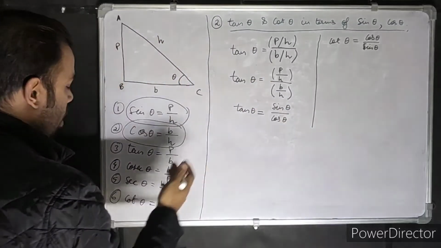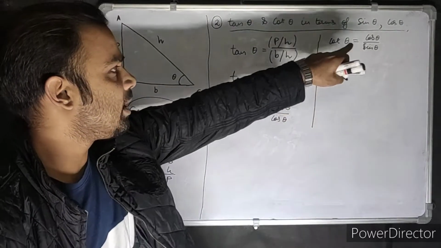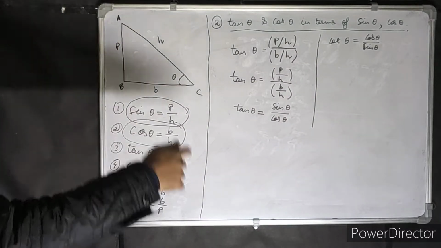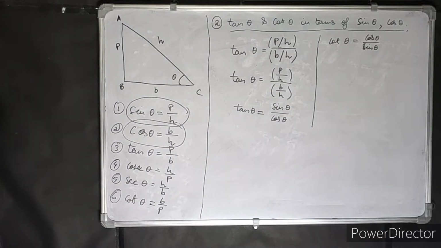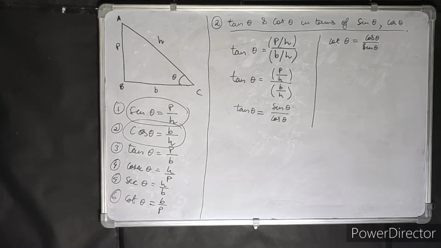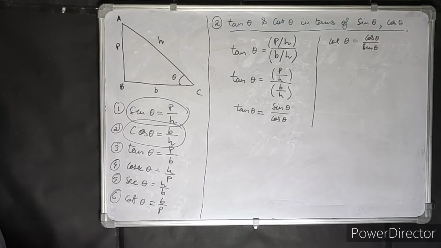Why? Cot is the opposite of tan. So this is the next part, how to write tan and cot in terms of sine and cos. After this, we have to learn the three main formulas that are there.